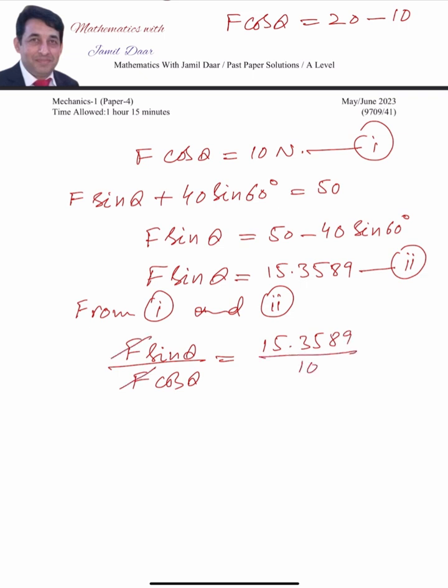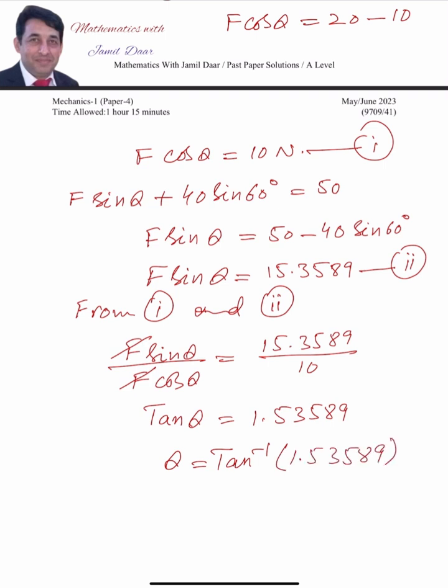F would be cancelled and tan theta is equal to 1.53589, and theta is equal to tan inverse of 1.53589. Okay, theta is equal to, let me do the calculation.